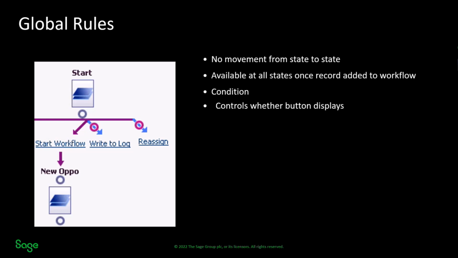It doesn't depend on a particular state. It can look for information within the data of the rule, within the data of the workflow, to see what state things are in and what values are within the fields. So you have the conditions, but it isn't linked to a particular point within the process.